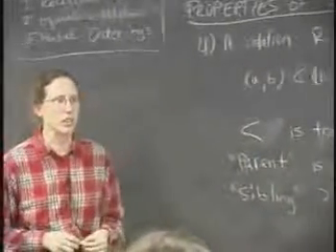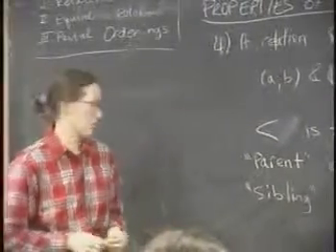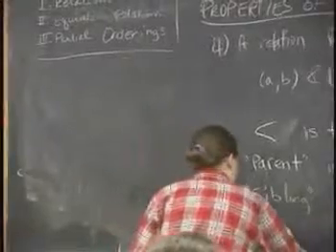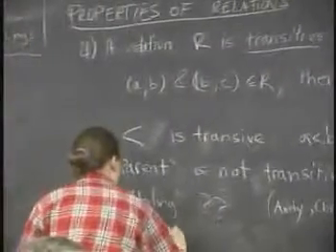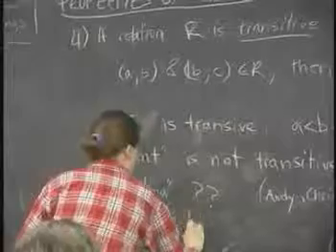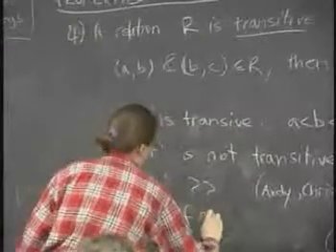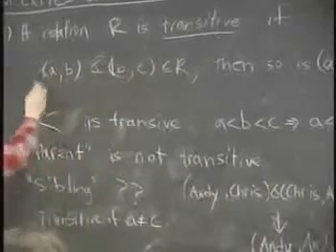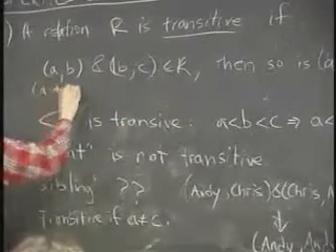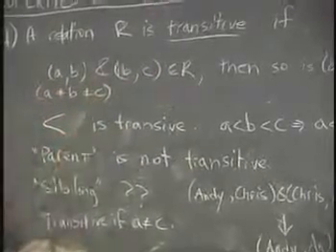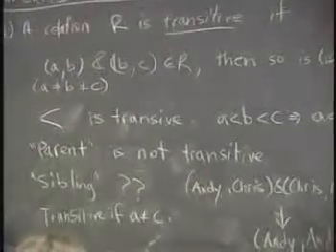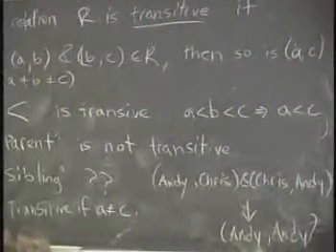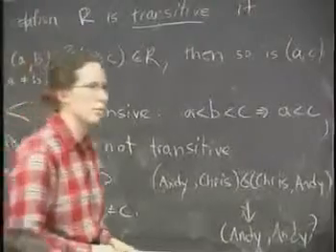If in this case we require that A is not equal to C, then it would be transitive. So maybe we should say if A is not equal to B is not equal to C, then sure, sibling is transitive. That would make more sense.